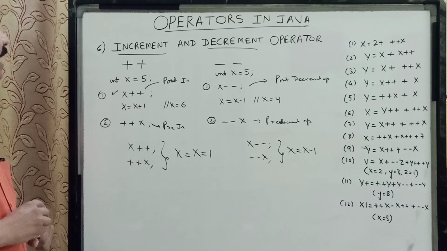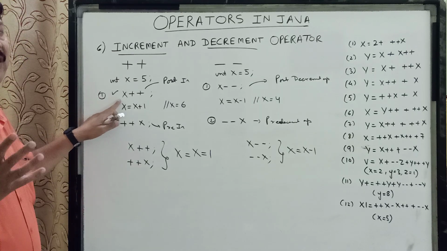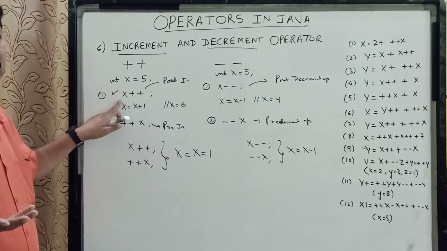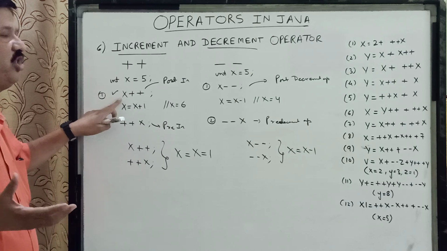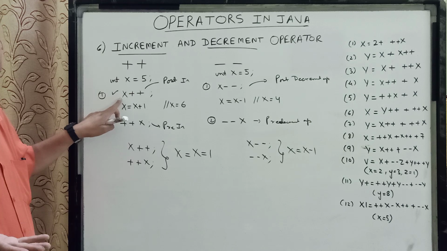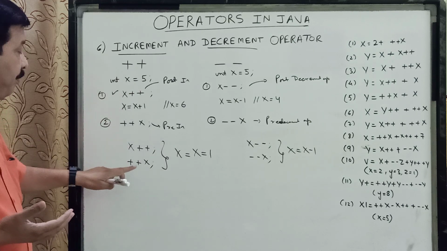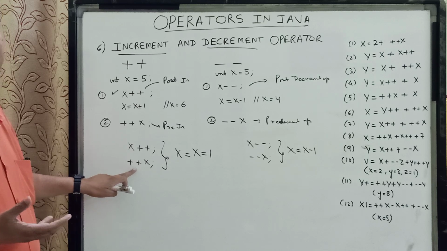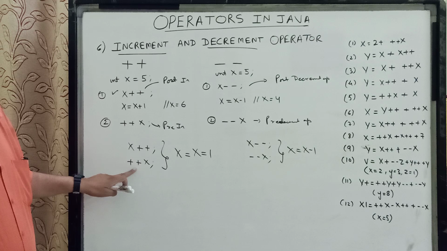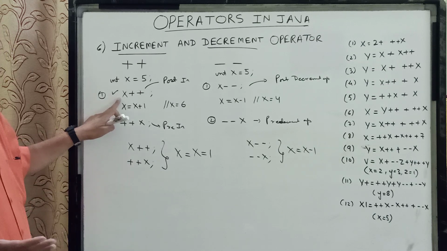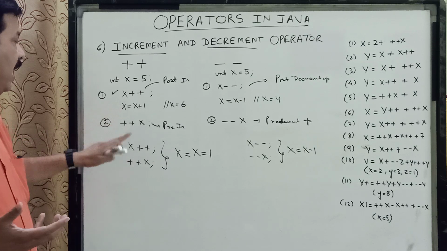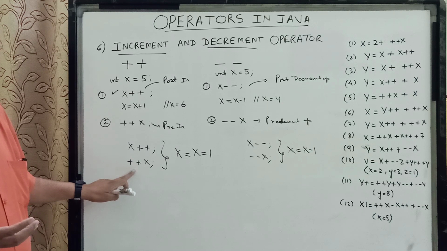The post increment uses the concept of use and change. So it first uses its original value and then after that it changes the value. And the pre-increment or pre-decrement first changes the value and then uses the value. So the post is using the concept of use and change, and the pre is using the concept of change and use.